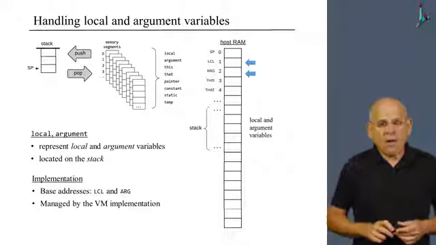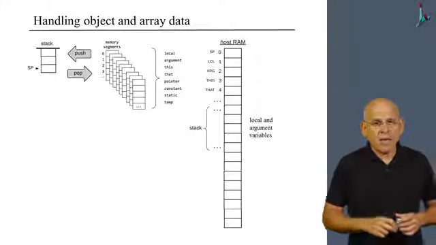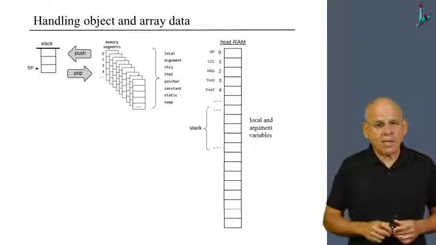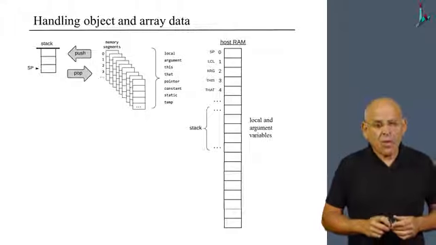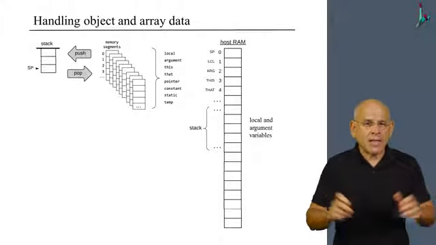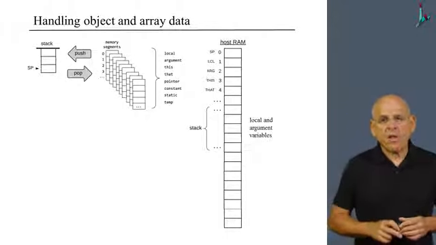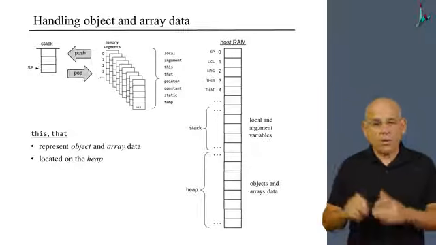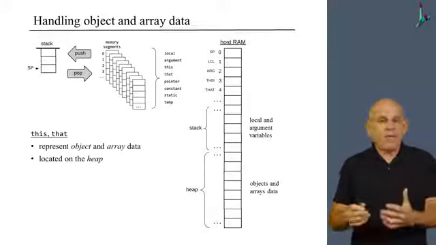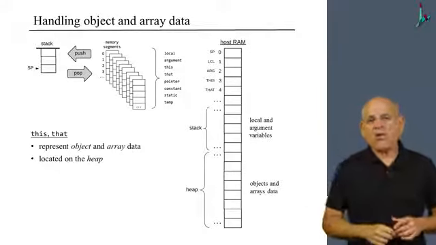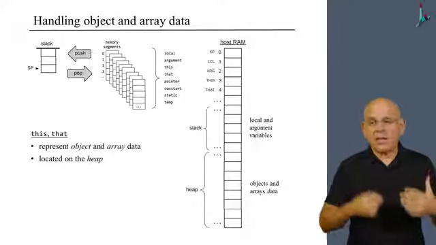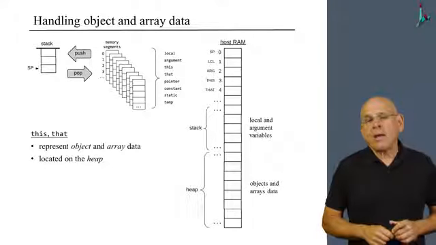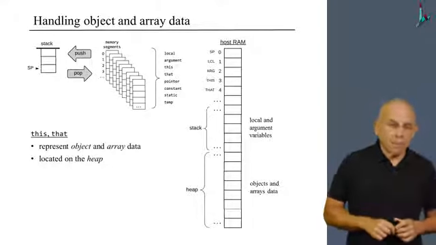All right, moving along, how do we use the same architecture to represent object and array data? Well, here the situation is similar but slightly more complex. First of all, we use a different area altogether on the RAM, which is called heap. And on the heap, we record the data of all the objects and arrays that the current program seeks to manipulate.